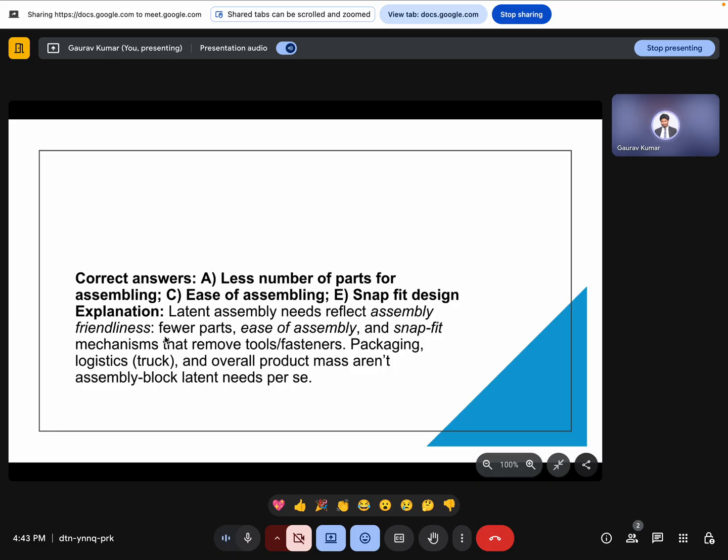Packaging, logistics, trucks, and overall product mass are not the assembly block's latent needs per se.